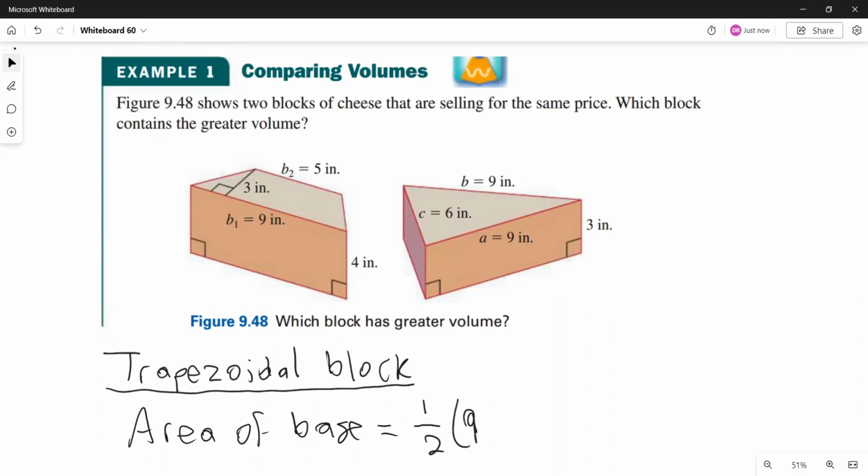The lower base is 9, the upper base is 5, and the height of the trapezoid is 3. 9 plus 5 is 14. So 1/2 times 14 is 7. 7 times 3 is 21 square inches.